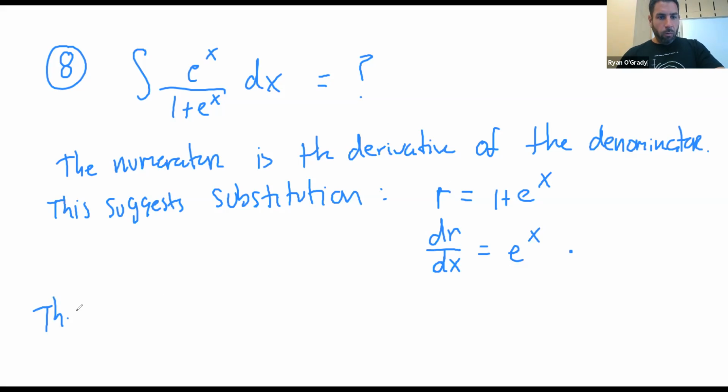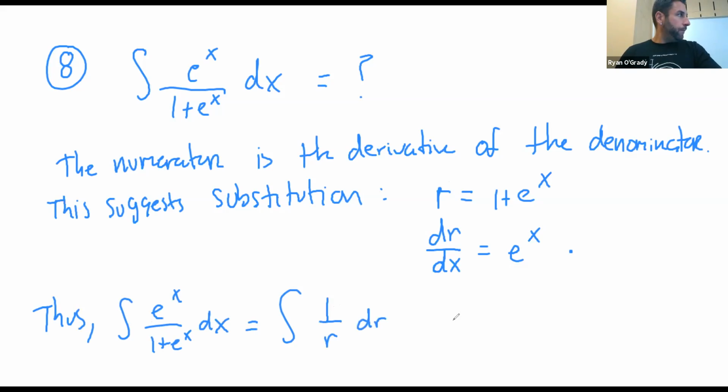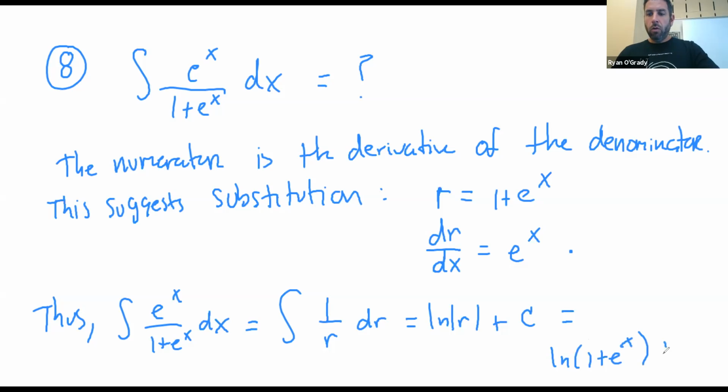What we know then is that our original integral simplifies to the known integral of 1 over r dr, which then becomes the natural log of the absolute value of r plus c. And of course, we can then write this as the natural log of (1 plus e to the x) plus c. And that is the integral, which you can easily verify through differentiation.